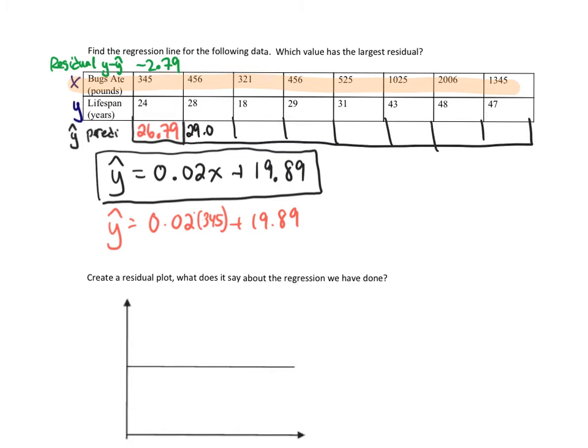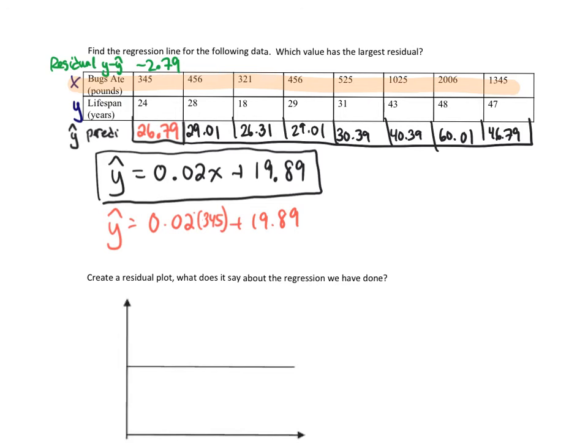So I get 29.01, 26.31, 29.01 again, which makes sense because I have the same x there. Then 30.39, 40.39, 60.01, and 46.79. And now those are all my predicted values.